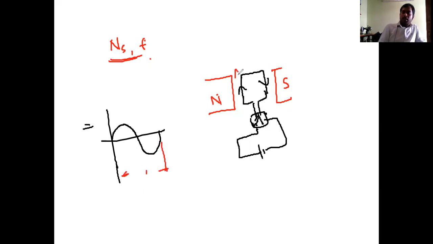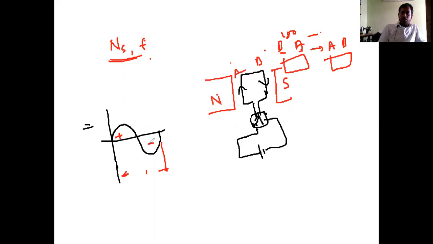Nothing but this is A, this is B. To change A to B, this reverses. A becomes here and B becomes here after 180 degrees. Again, if you rotate 180 degrees, that becomes A to B like that. So this is up to 180 degrees. Again 180 degrees. Total 360 degrees, it will remain in the same position. Nothing but a positive half cycle and a negative half cycle.